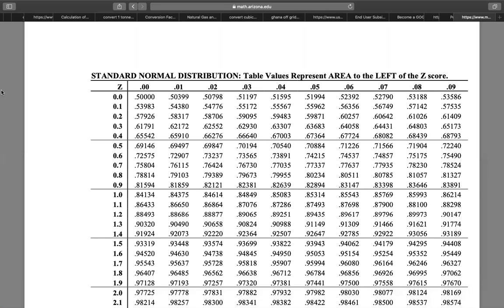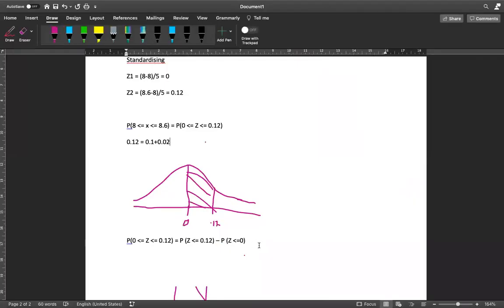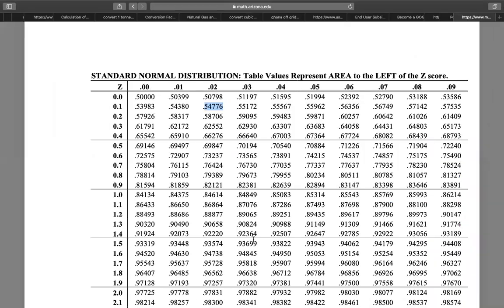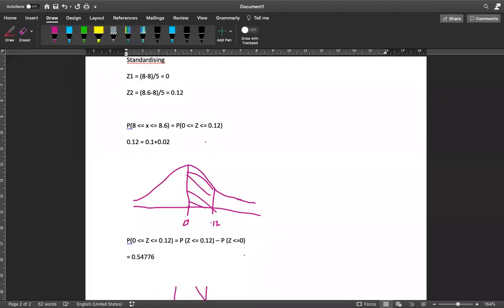Where they intersect is the probability I am interested in. So this is 0.1, and this is 0.02. Where do they intersect? They meet here at 0.54776. So the probability we have from the normal distribution tables is 0.54776.